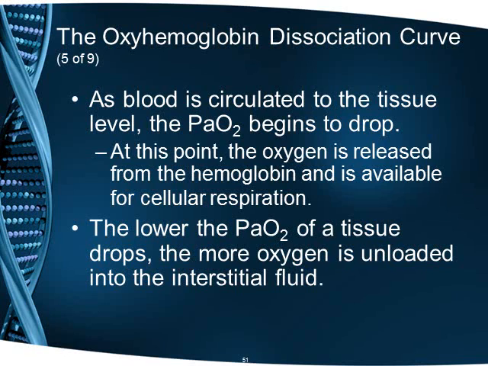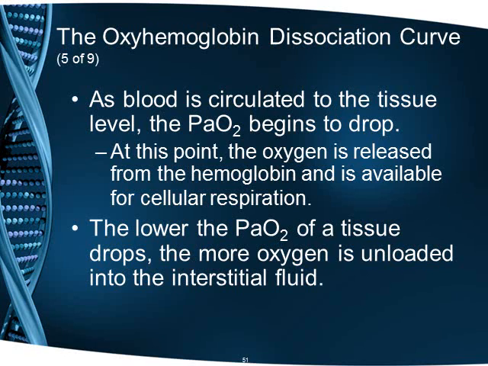As the blood circulates to the tissues, PaO2 is going to drop. The oxygen is going to be released from the hemoglobin and made available for cellular respiration. So as we go around, as metabolism takes place, we drop off oxygen. Oxygen detaches from hemoglobin and we utilize it. Does everybody follow me so far? That's how it happens. Okay.